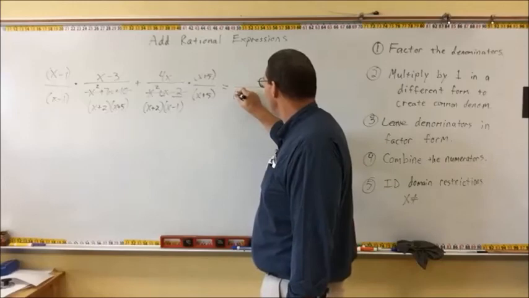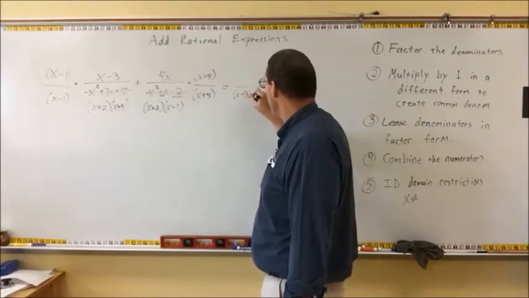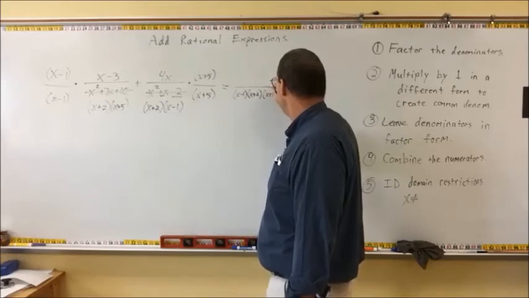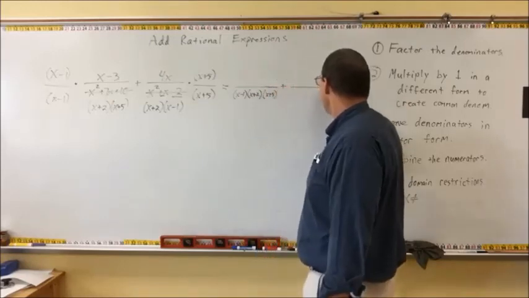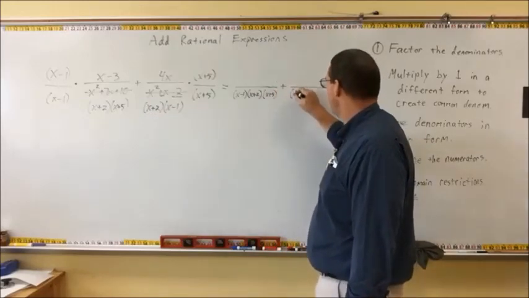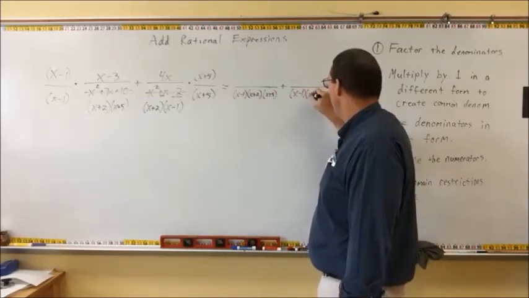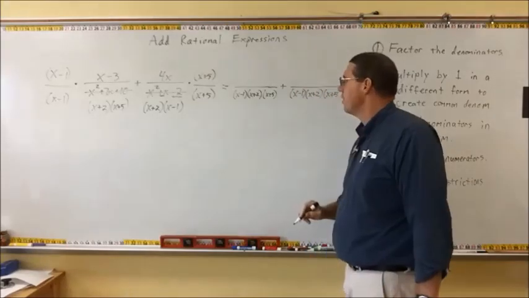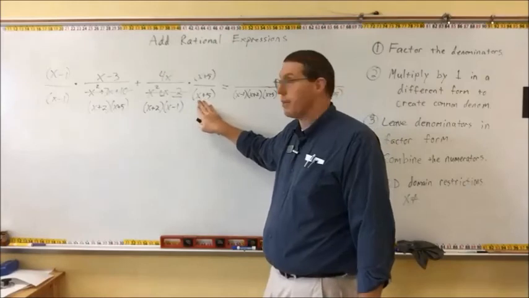We're going to cram all of them into the denominator. Plus, same thing for this one here, the same three factors in the denominator, x minus 1, x plus 2, and x plus 5. There we go, because we multiplied by x plus 5 here.